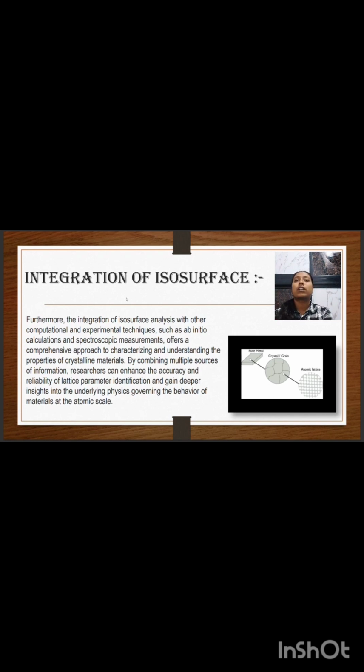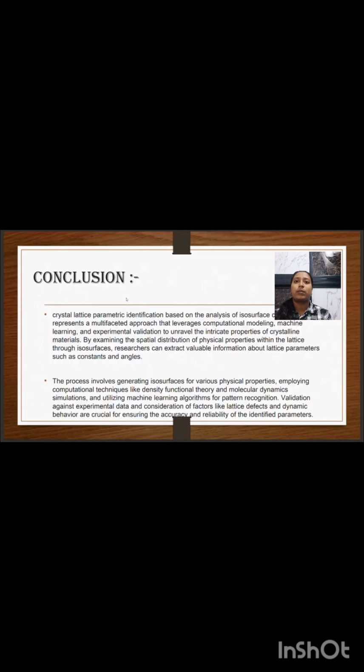Okay, in conclusion, crystal lattice parameter identification based on the analysis of isosurface configuration represents a multifaceted approach that leverages computation, modeling, machine learning, and experimental validation to unravel the intricate properties of crystalline materials by examining the spatial distribution of physical properties within the lattice through isosurfaces.